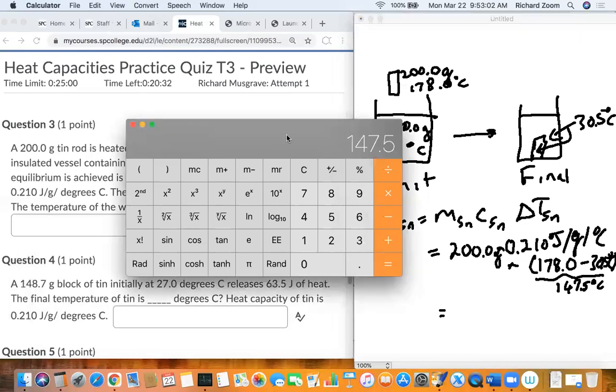All right, so let's look at the amount of heat released by the tin. 200 times 0.210, and then 147.5.